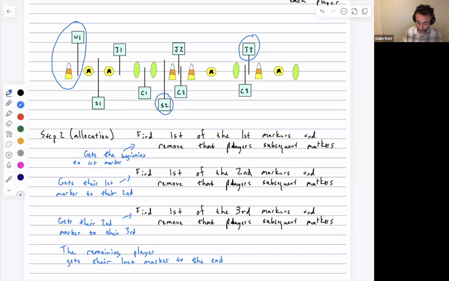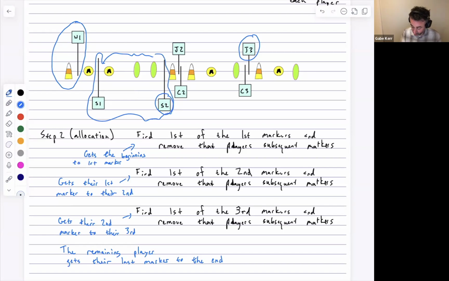Sandra is the winner for the second part of the allocation. And so we go from Sandra's first to her second, and we allot that to Sandra. So I'm going to remove these extraneous markers. And I'll just say that this region goes to Sandra. So we'll just circle it all.